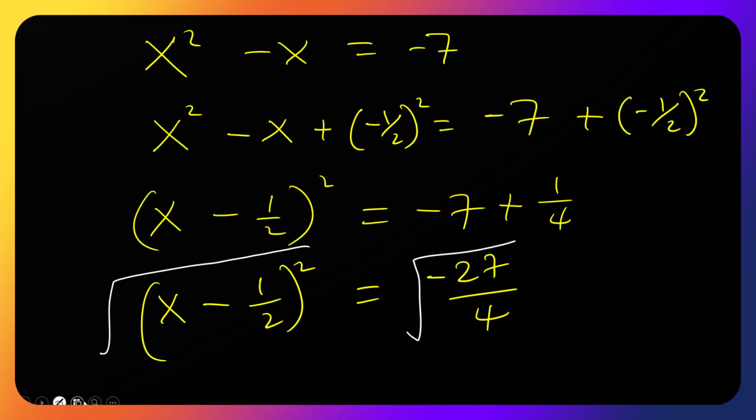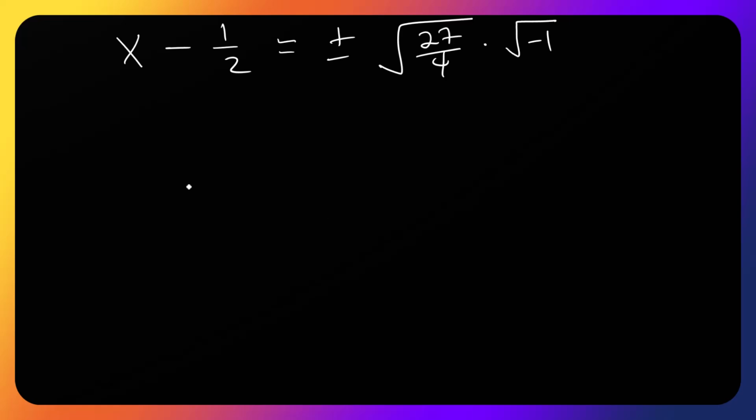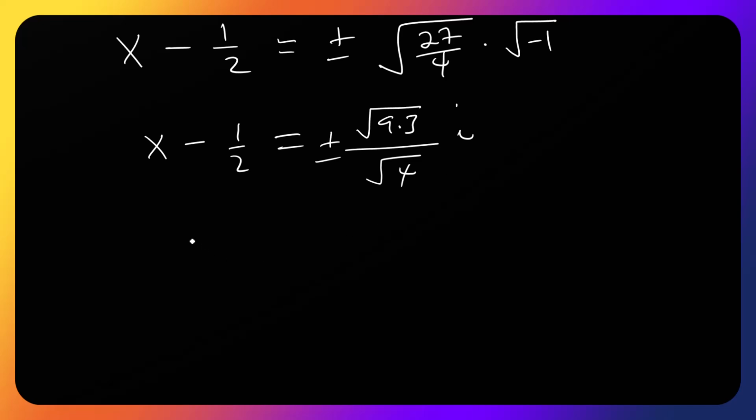That will make this side x minus half equals plus or minus the square root of 27 on 4 times the square root of minus 1. So x minus half, so we have the numerator as 9 times 3, on the square root of 4. And this side will give us i.